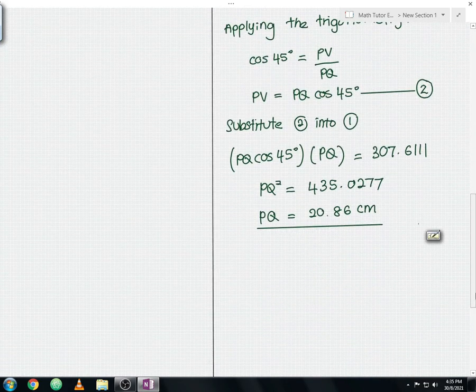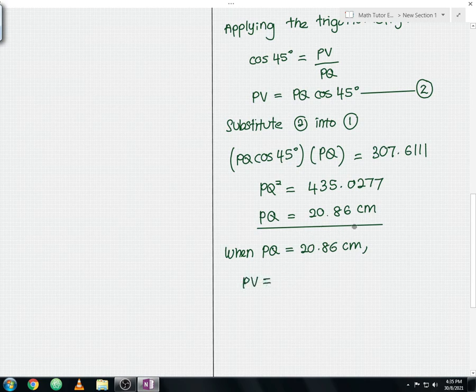So from here, when PQ is equal to 20.86 centimeter, your PV is equal to, you substitute the 20.86 into this equation, 20.86 times cos 45 degree.